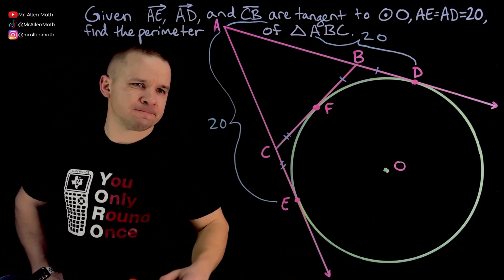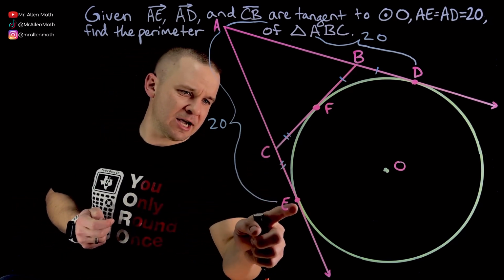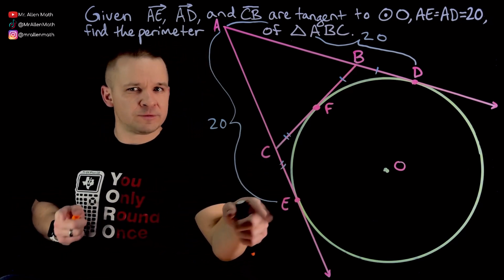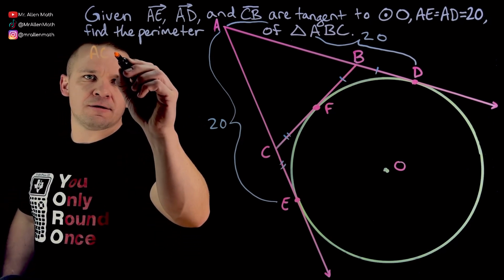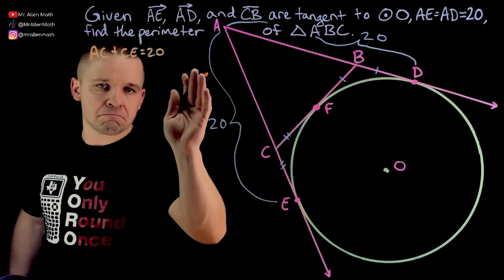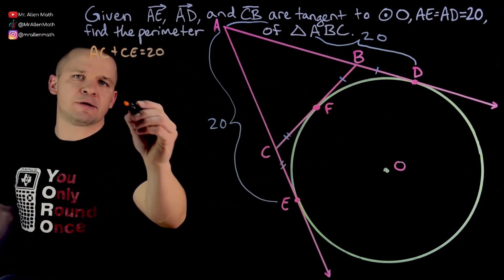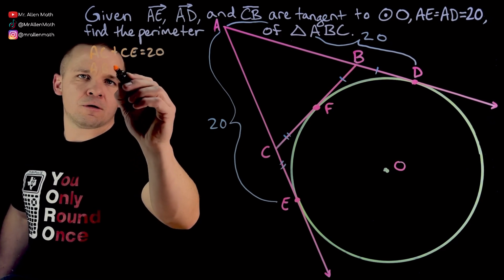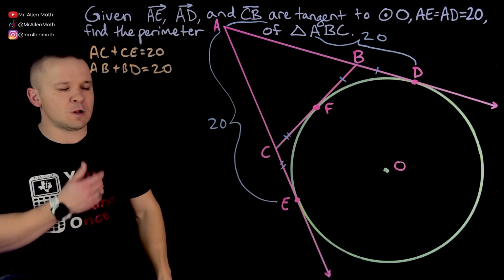I know that this segment AC plus this segment CE equals 20, and I'm going to jot that down: AC plus CE equals 20. Could I say the same thing over here? AB plus BD equals 20.